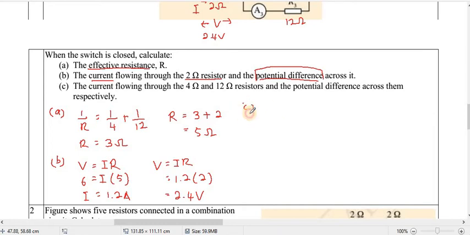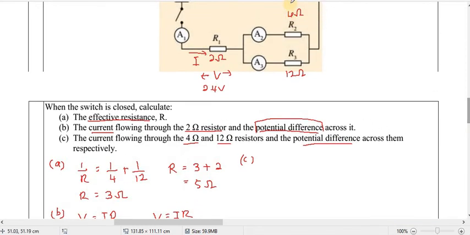And then C. The current flowing through the 4 ohm and 12 ohm resistor and the potential difference across them respectively. Okay, so first the current that flow through them.